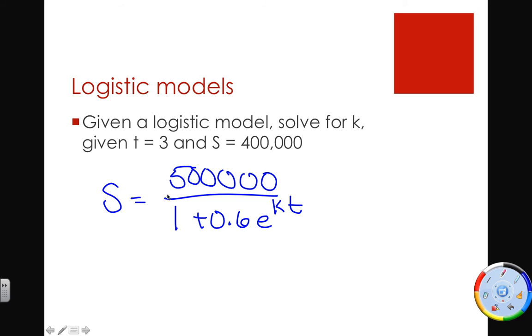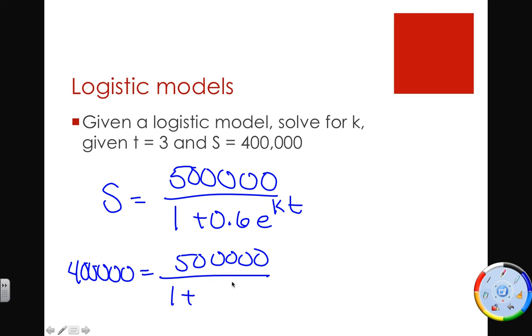And I told you you have 400,000 when t is 3. And you need to solve for k. Well, this requires some cross multiplication.